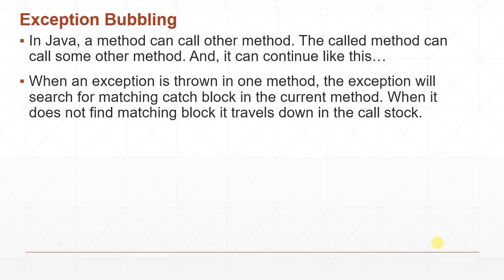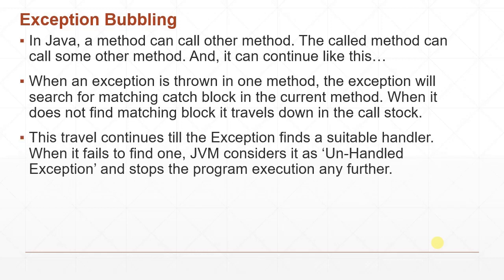But when there is no handler in the method where the exception is raised, it will walk down the call stack to search for a matching catch block. This travel continues till the very first function in the call stack. That's how the exception flows down the call stack when it is not handled. This travel continues till the exception finds a suitable handler.